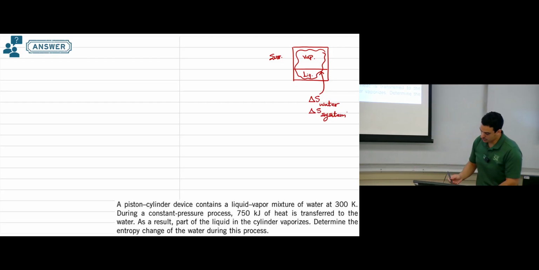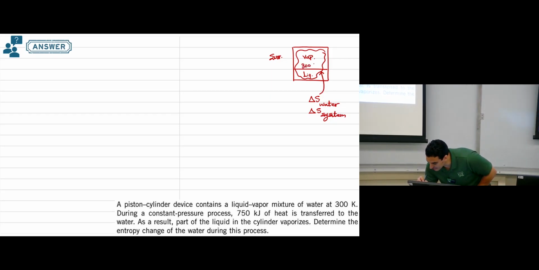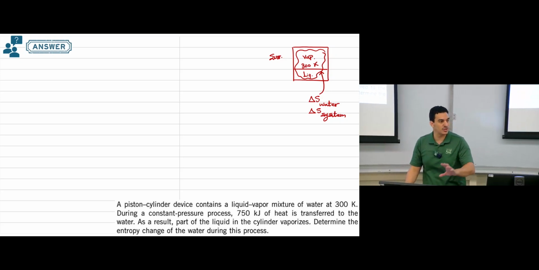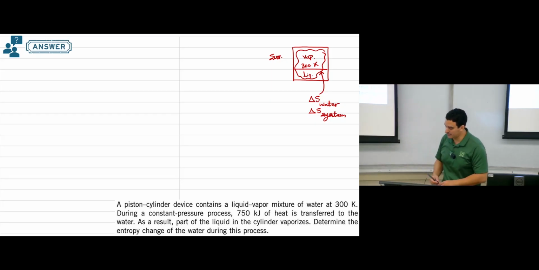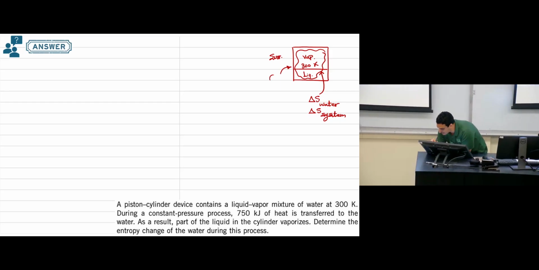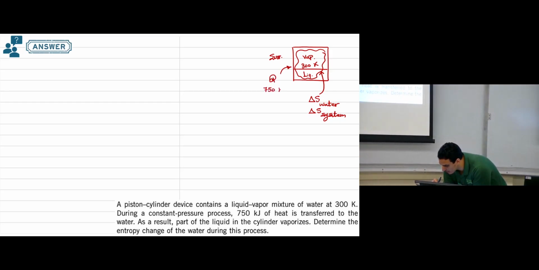And what it says is we have this system at 300 Kelvin. We have a phase change process happening. Phase change for a pure substance occurs at fixed temperature and constant pressure. So there is no change to this 300 Kelvin. And then we have an amount of heat added, and this amount of heat is 750 kilojoule.